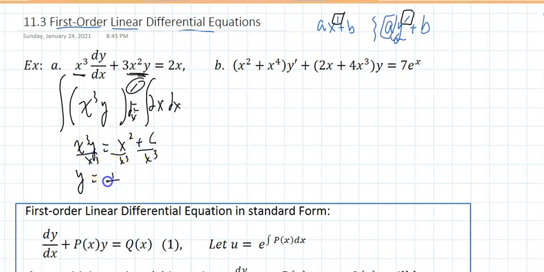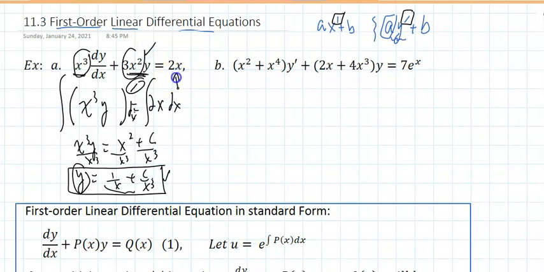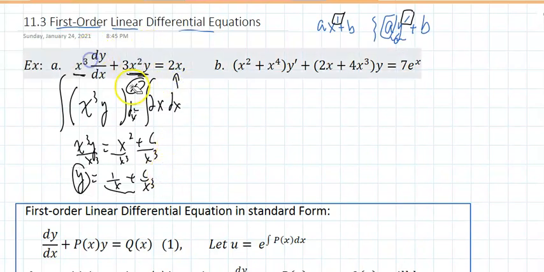That would be 1 over x plus c over x cubed. So this is really the solution to this differential equation. If you take a derivative of that, multiply it by x cubed, take this value, multiply it by 3x squared, you will get a 2x. If you have time, you should work this out and make sure that you're convinced, because that does work.